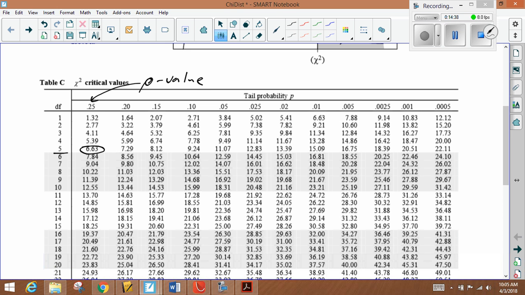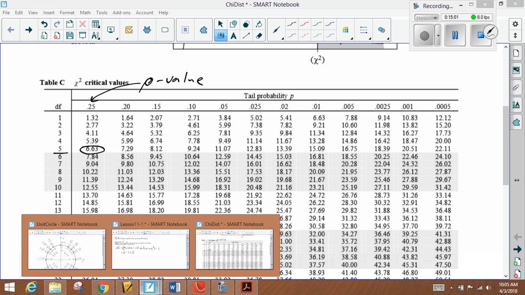Let's actually get you one that's better, that shows you how to use the table better. In your book, I believe that they have a better p-value. So first of all, let's go ahead and finish this problem.